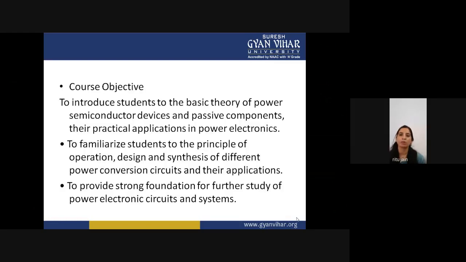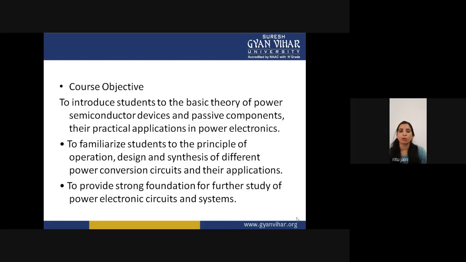Now, what are the course objectives? The course objective of this lecture is to discuss the different kinds of rectifiers, controlled rectifier and uncontrolled rectifier.